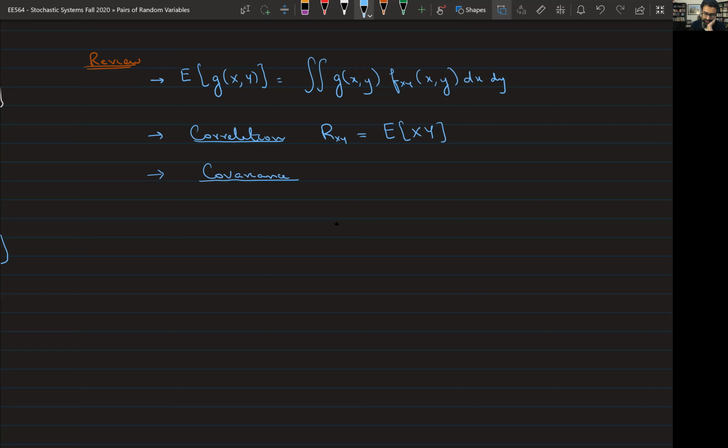Covariance, cxy, was equal to the expected value of x minus mu x times y minus mu y. So covariance between two random variables is actually the correlation after the means have been subtracted, or after the biases have been removed.